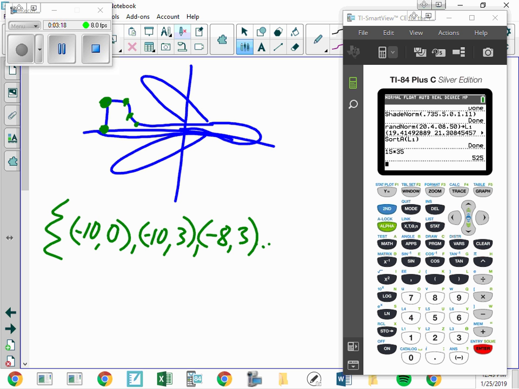And I would have a whole bunch more. And then at the end, I would end again with (-10, 0). And then I would have a set notation. So that's an example of points inside a set, sets within a set. So sometimes the things in the points are individual, and sometimes they're grouped.